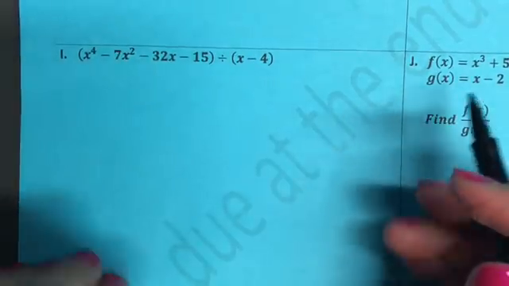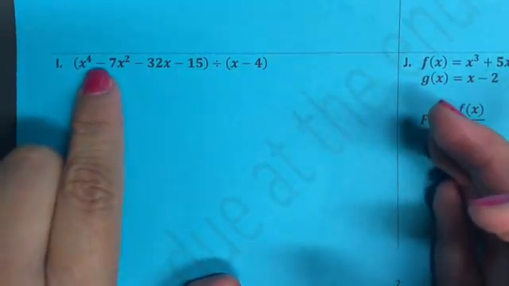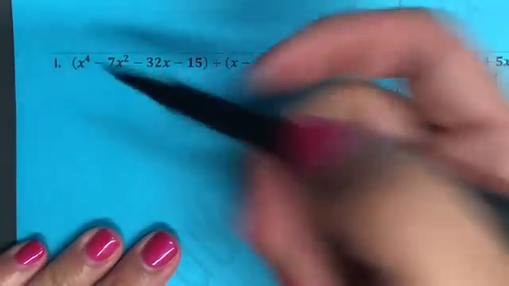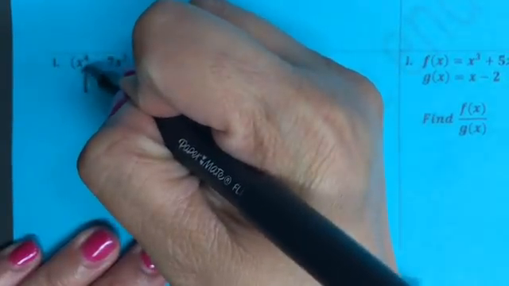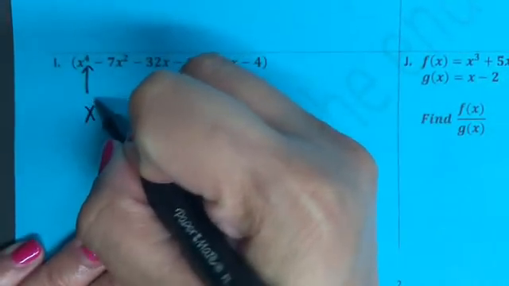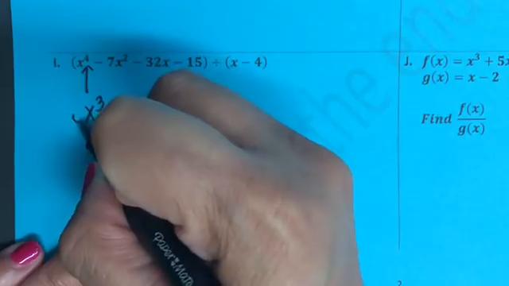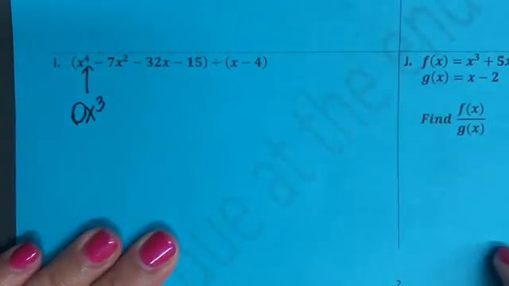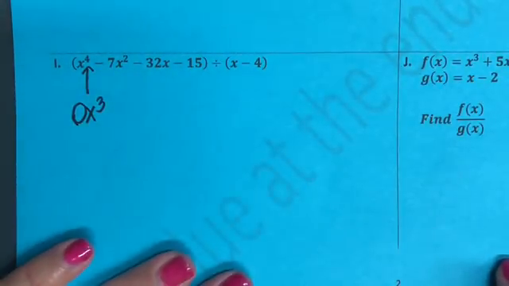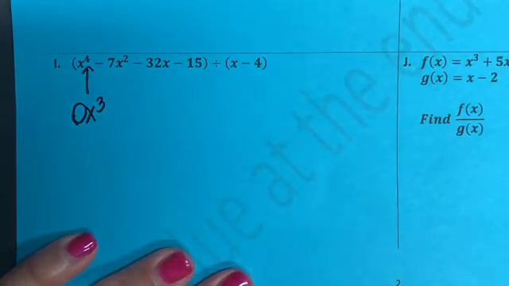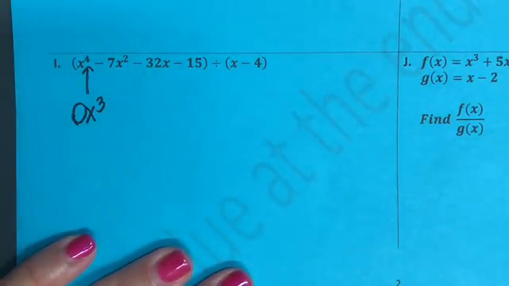So we want descending order. You want each exponent to be accounted for. So this is missing the x to the third, and since it's missing, the coefficient is going to be a 0. So if you're still not understanding this, let's go ahead and write this out.